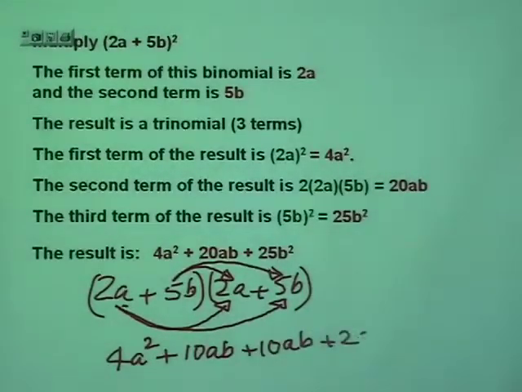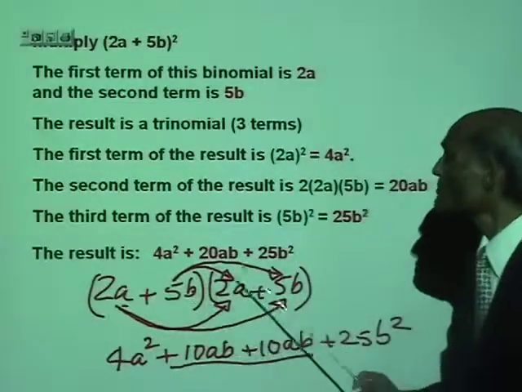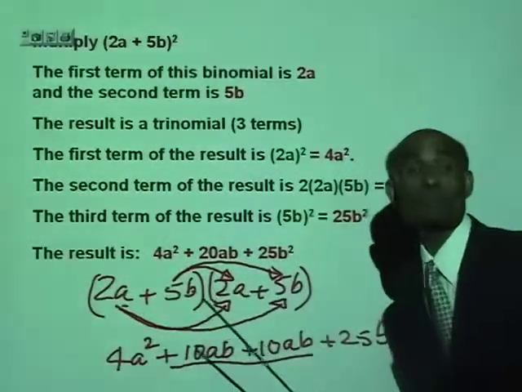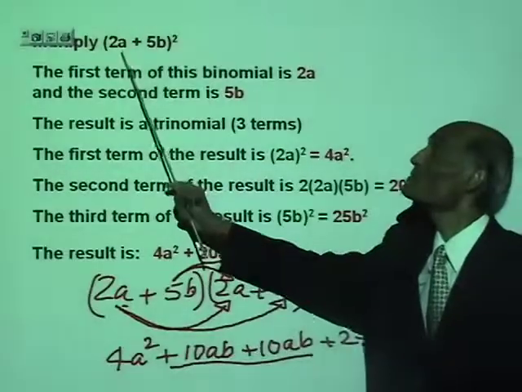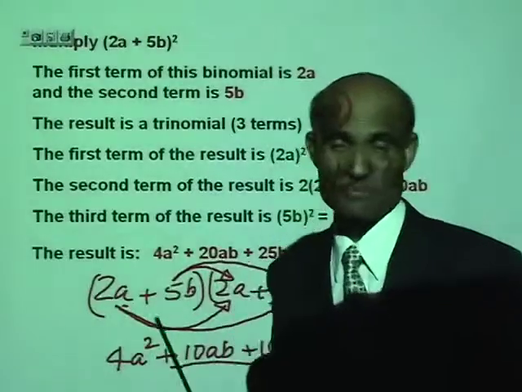It's plus 25b squared. And that will be 4a squared plus 10ab plus 10ab is 20ab plus 25b squared. That is the same result we got from our previous method. So do any of these methods, but you must be able to do this without making a mistake.